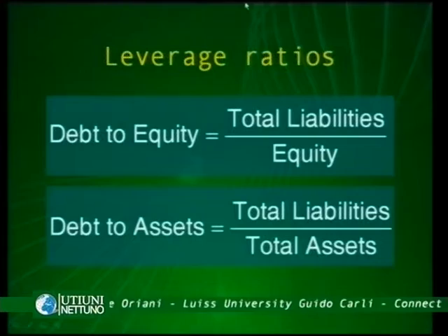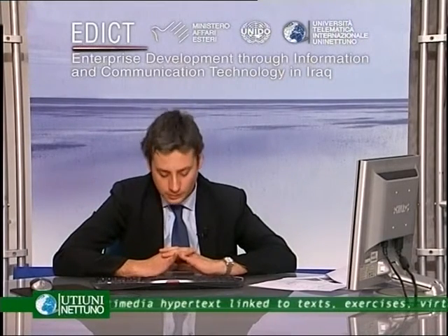Both these items are calculated when we build the projected balance sheet, and it's an indicator that says how much debt you are using for each dollar of equity. So if you have a debt to equity of 2, for each dollar of equity you will have $2 of liabilities. The problem is that taking too much debt could be risky for the project, and so this indicator allows us to choose the appropriate amount of debt that the project can stand.